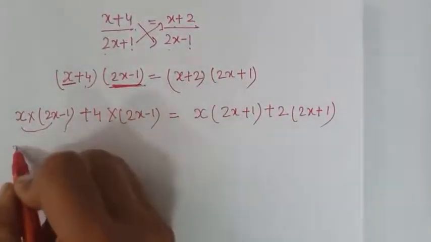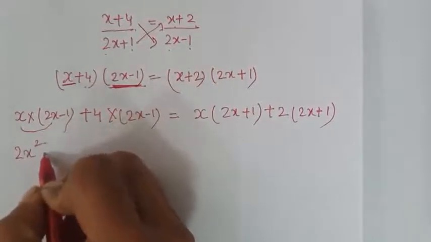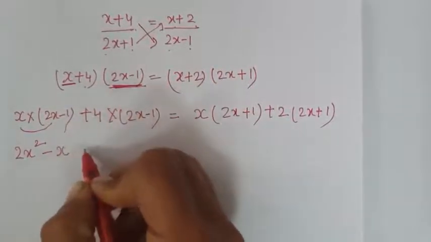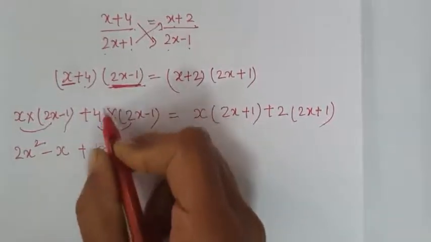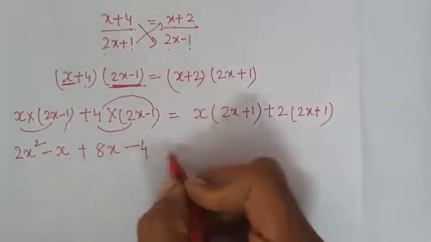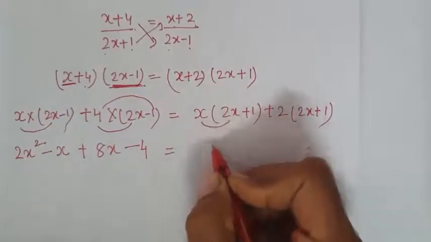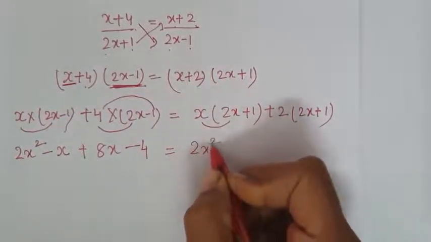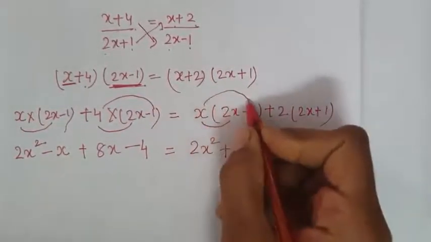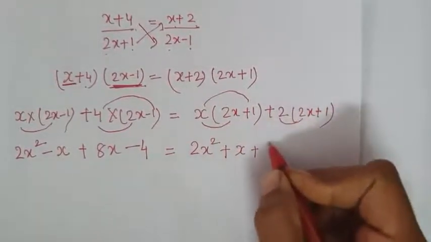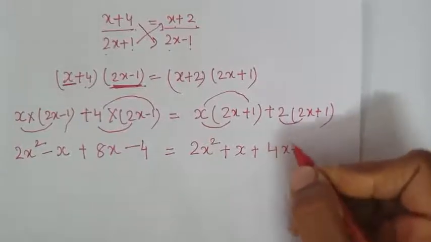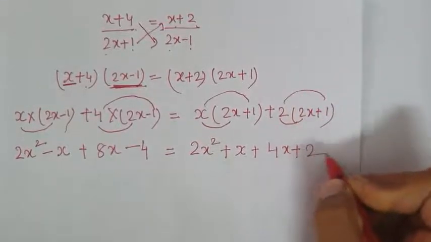Now this forms 2x square minus x plus 8x minus 4. x into 2x, 2x square, x into 1, x, 2 into 2x, 4x, 2 into 1, 2.